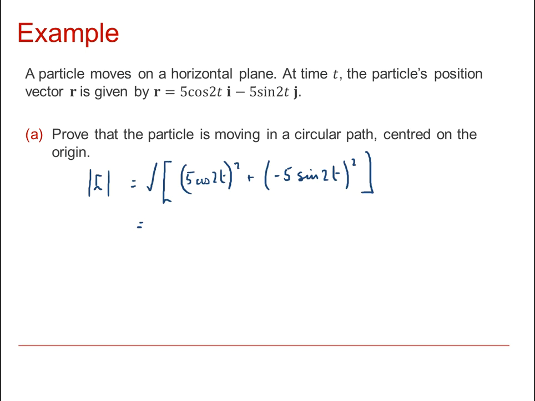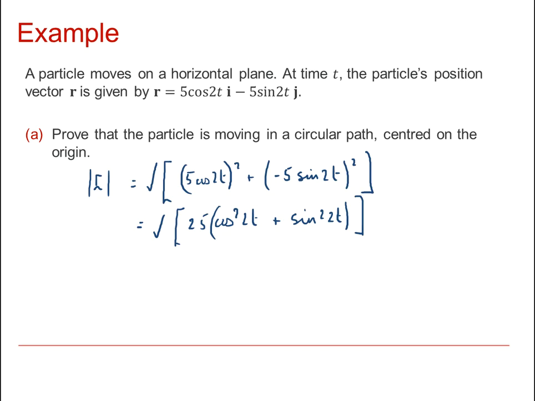That's equal to the square root of 25 times (cos squared 2t plus sin squared 2t).